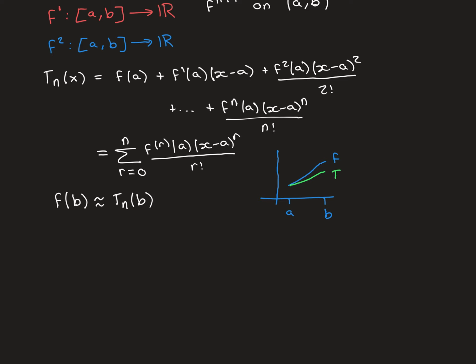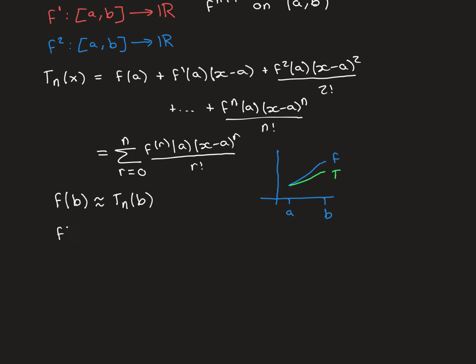It says that if you want to know how much the Taylor polynomial is wrong by, i.e. what this error is equal to here, what f of b minus the value of the Taylor polynomial at b is equal to, it is given by this.